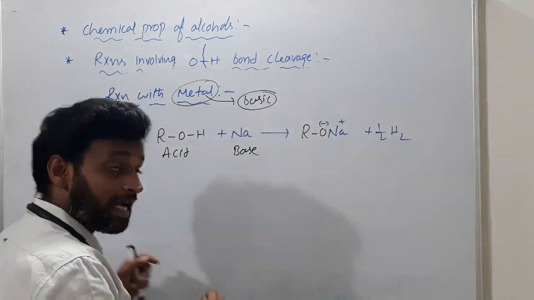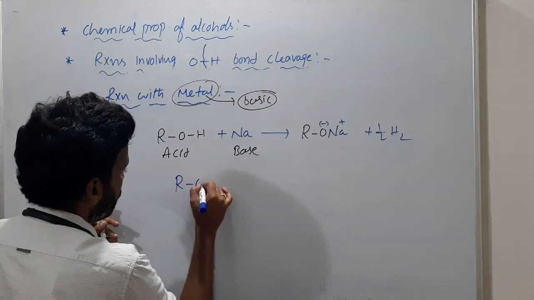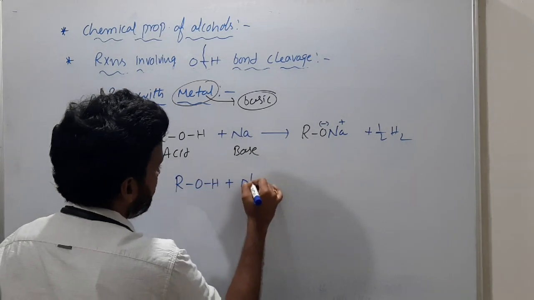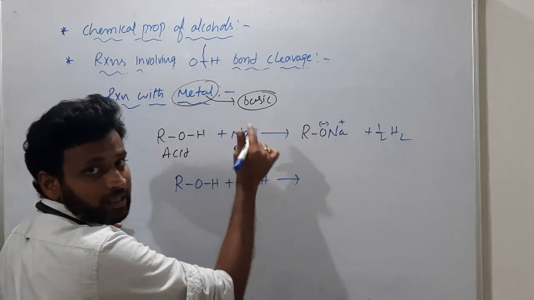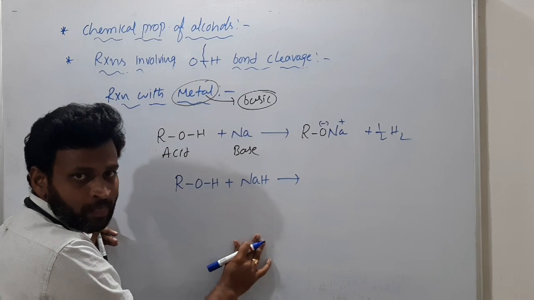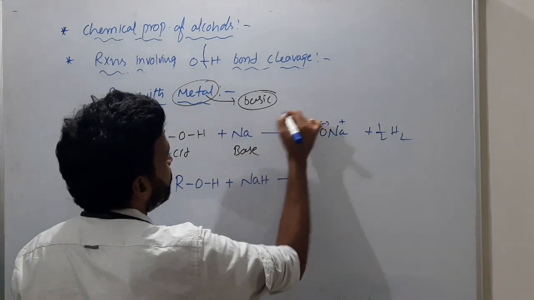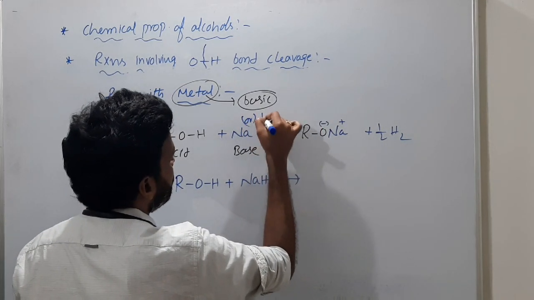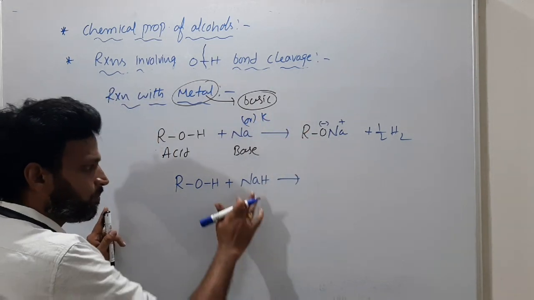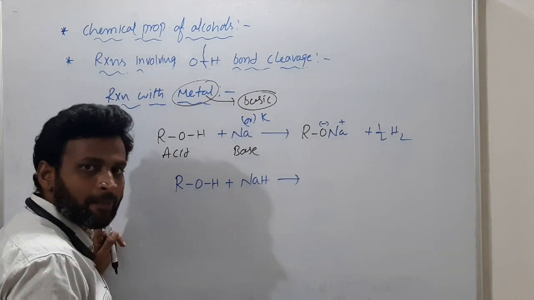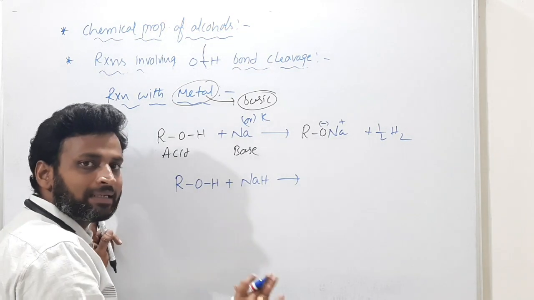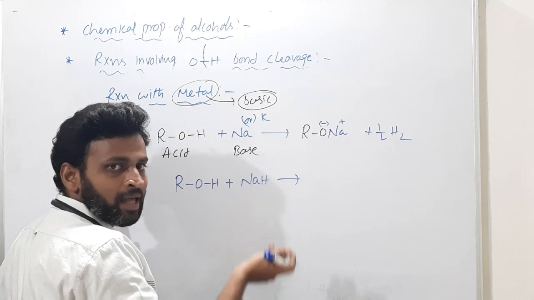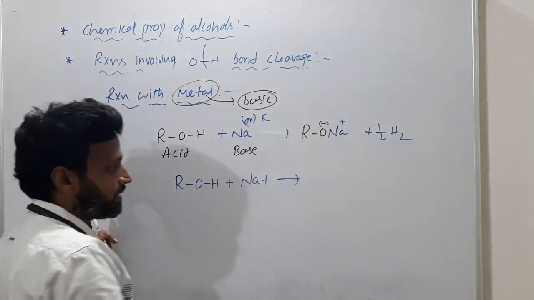Not only metals, metal hydrides can also react, like ROH when reacting with NaH. And not only sodium, you can take any alkali metal, like potassium also. Simply, M you take MH. The metal is mostly an alkali metal or alkaline earth metal, but alkali metals are highly basic, you know that. Alkali metals can easily replace hydrogen.